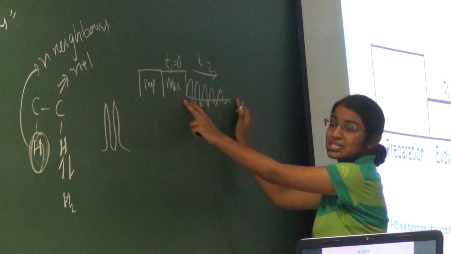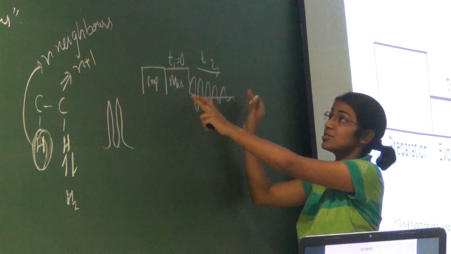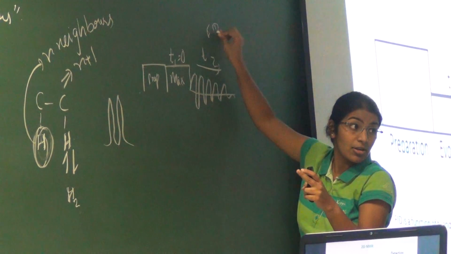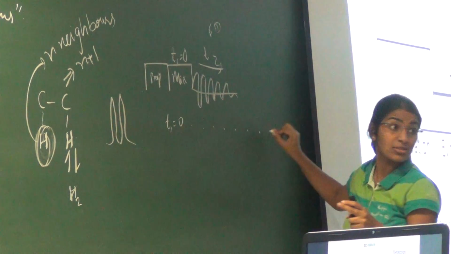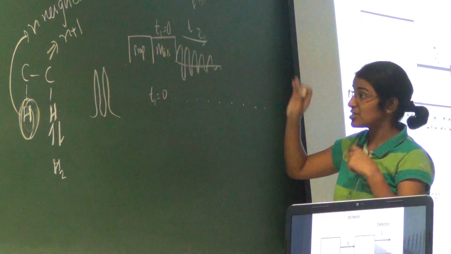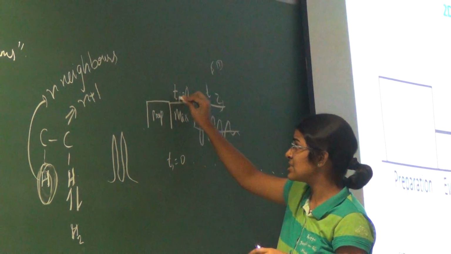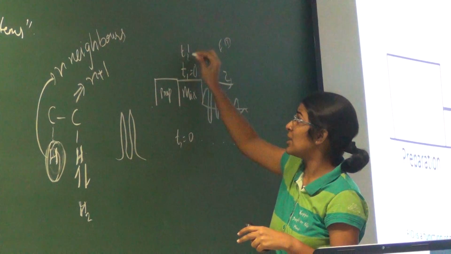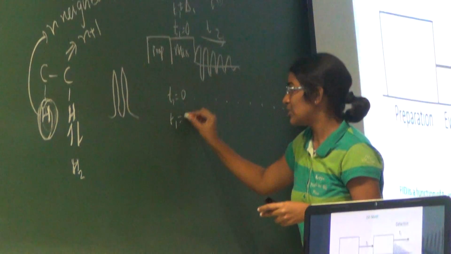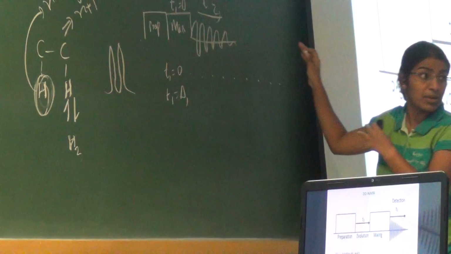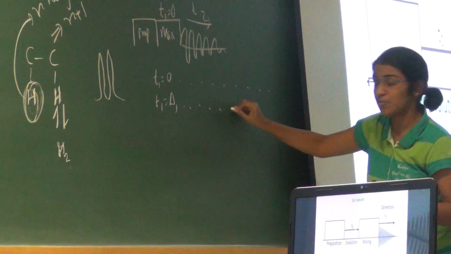This detection is like the simple 1D free induction decay which we discussed. So for T1 equal to 0, I record the data along T2. Next, I increment this T1 to say T1 now becomes delta 1. When my T1 is equal to delta 1, I run the entire experiment again, and I get another series of points.